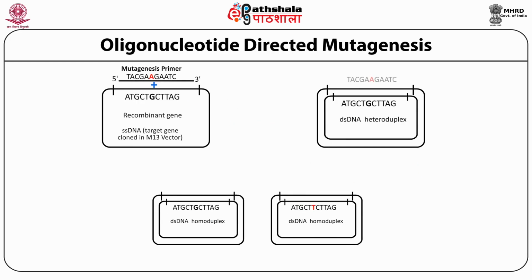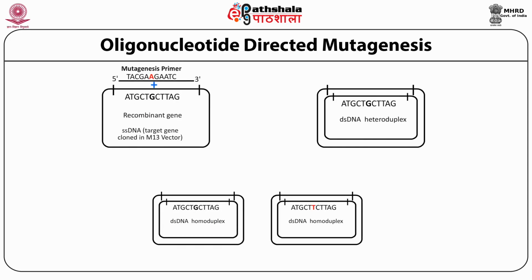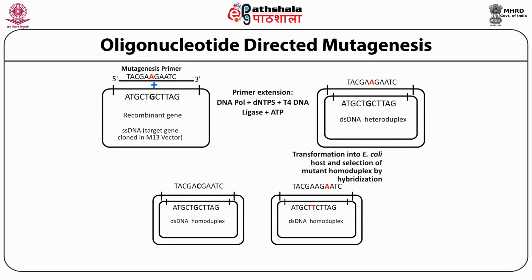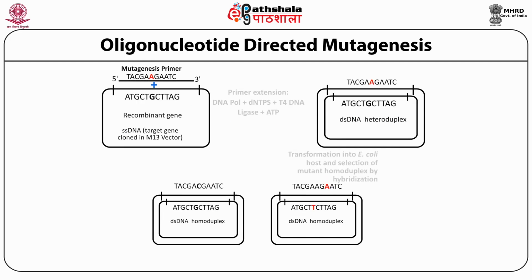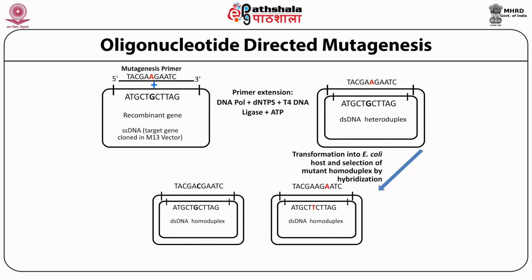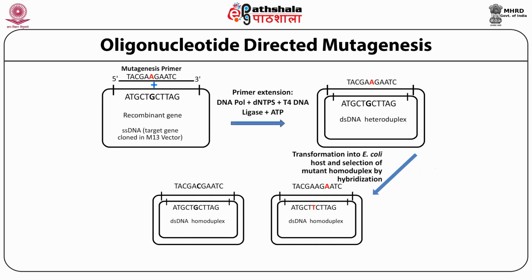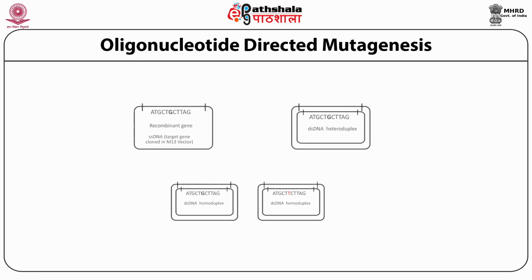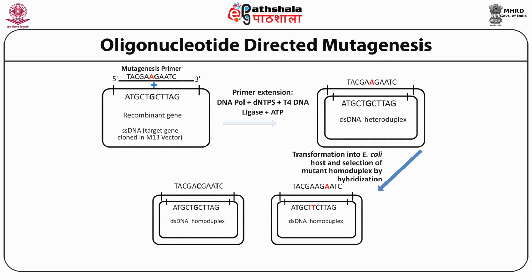Some of the bacteria will produce the double-stranded homoduplex DNA, which is the completely mutated form, and it will also lead to regeneration or double duplex formation of the original gene. Once this has been carried out, one has to further screen the colonies using stringent methods for the isolation of the clones which are harboring the mutated forms.